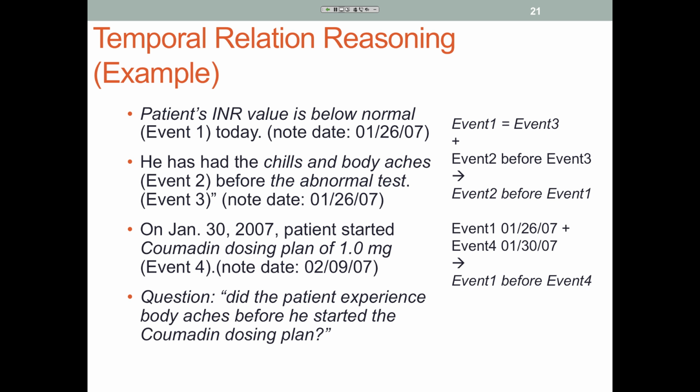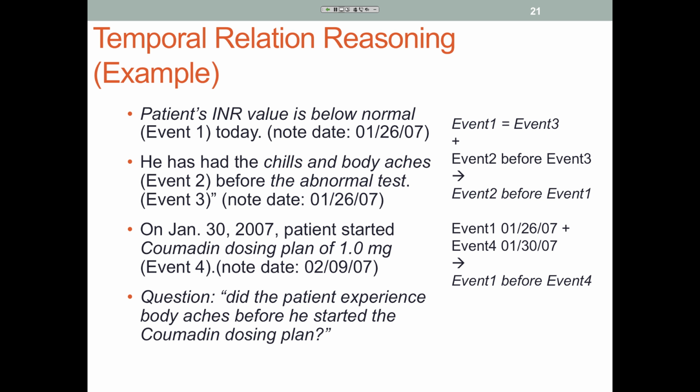And another task we need to finish is we need to assign timestamps to different events. So here we assign 2 timestamps to event 1 and event 4 respectively, and combine all the facts. We can then infer that event 1 was actually before event 4, which is the answer of the question.